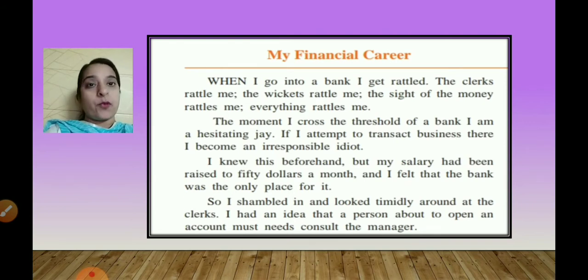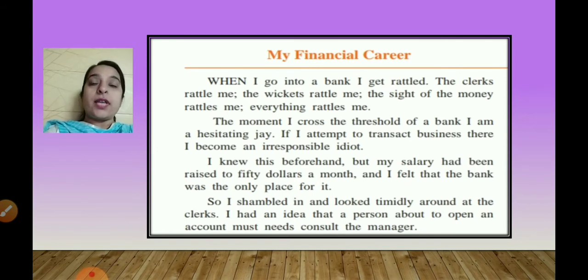I knew this beforehand, but my salary had been raised to $50 a month, and I felt that the bank was the only place for it. So I shambled in and looked timidly around at the clerks. I had an idea that a person about to open an account must needs consult the manager.